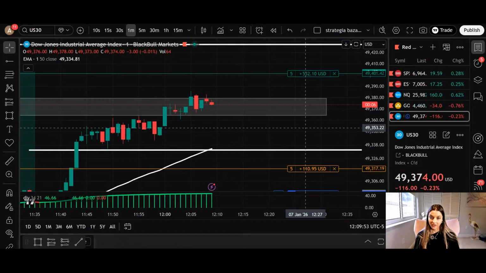So Pando said that his indicator doesn't work on anything but gold. Yeah, because he coded it himself, and he coded it for gold.